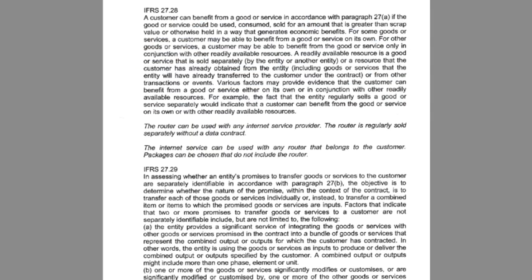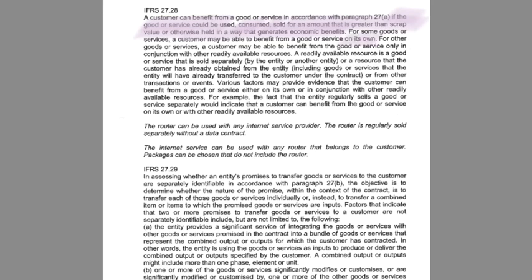So if we now have a look at paragraph 28, it says, a customer can benefit from a goods or service in accordance with paragraph 27a, that's the one that referred us here, if the good or service can be used, consumed, sold for an amount that is greater than scrap value or otherwise held in a way that generates economic benefits. For some goods or services, a customer may be able to benefit from that good or service on its own.